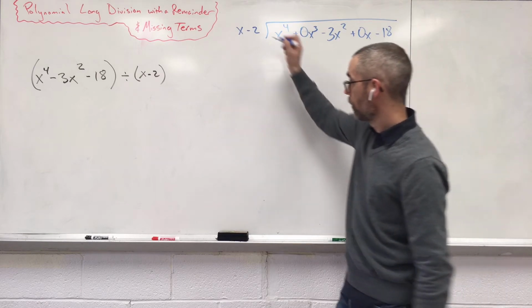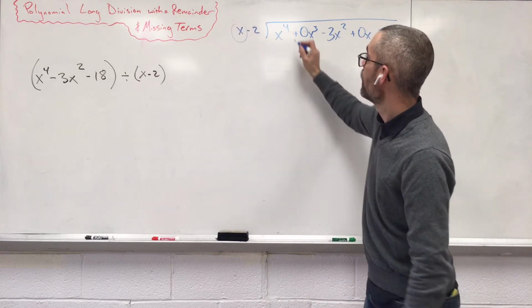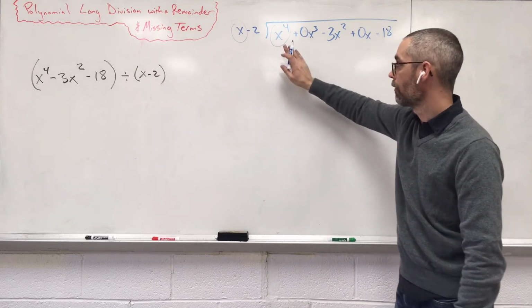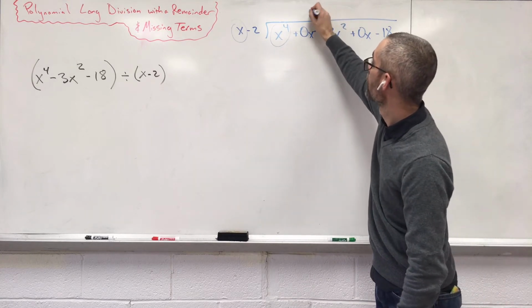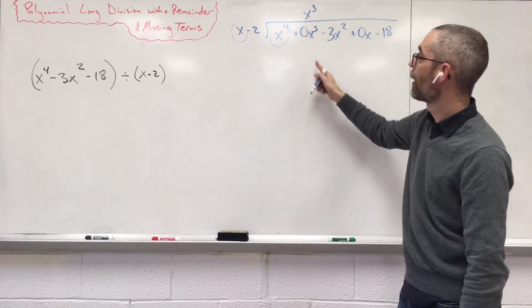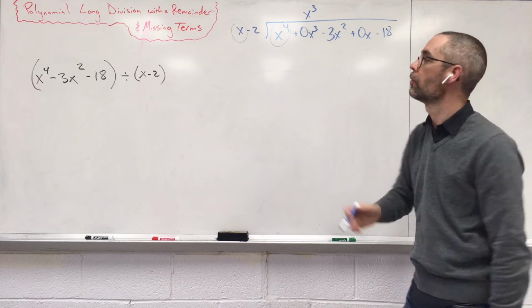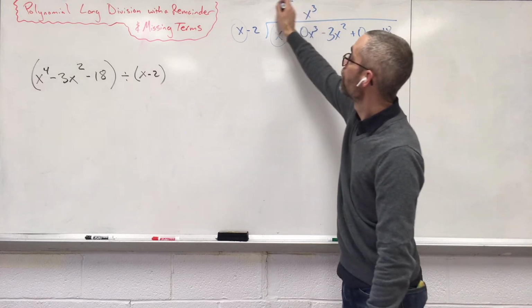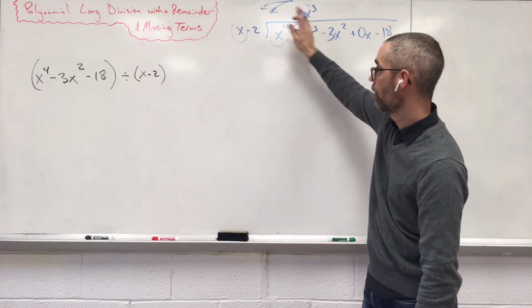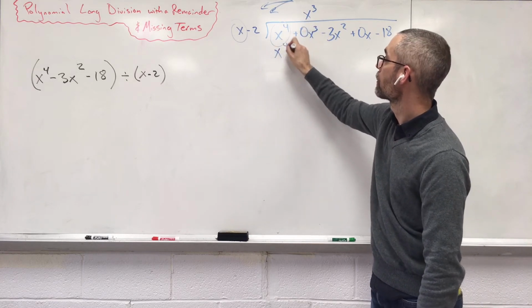So I start by going x times what gives me that as an answer. I start with 1x, I end with 4. I need 3 x's, x to the third. And I'm going to put this over my x to the thirds just to line up all my terms above each other. I now want to distribute that x to the third back to everything. X to the third times x gives me x to the fourth.